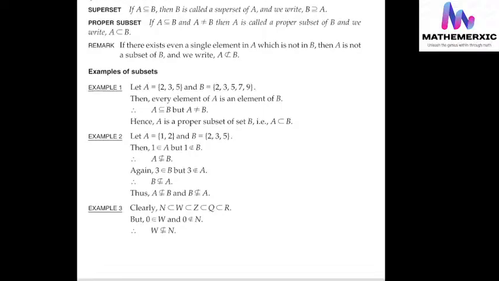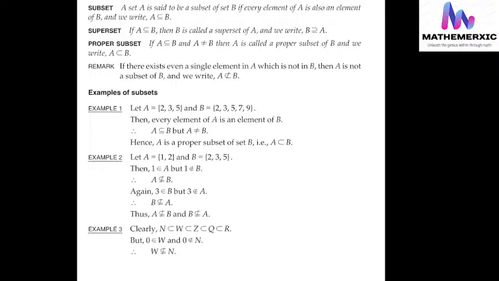Examples of subset: let us say A is a set with 2, 3, 5 as the elements, and here B has an extra element. So A is a proper subset of B, but A is not equal to B.